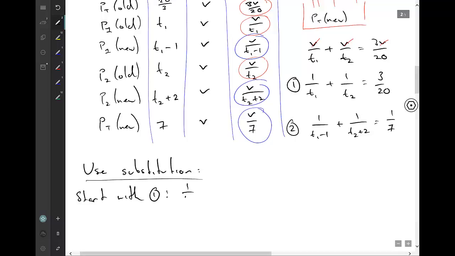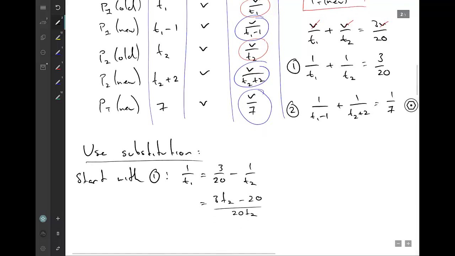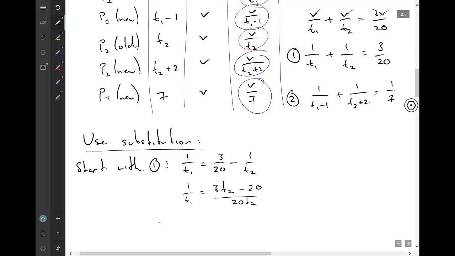We get 1 on T1 is equal to 3 on 20 minus 1 on T2, which is equal to, if we cross multiply, 3T2 minus 20 on 20T2. So that's 1 on T1. And so therefore T1 is equal to 20T2 on 3T2 minus 20.